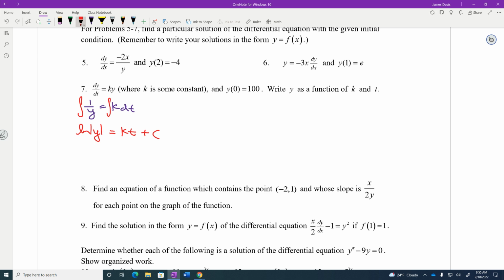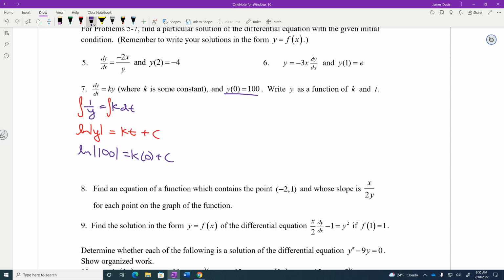Okay. And then we can do it the way in the solutions, where you just plug in your initial condition now. So we would get the natural log of 100 equals k times 0 plus c.